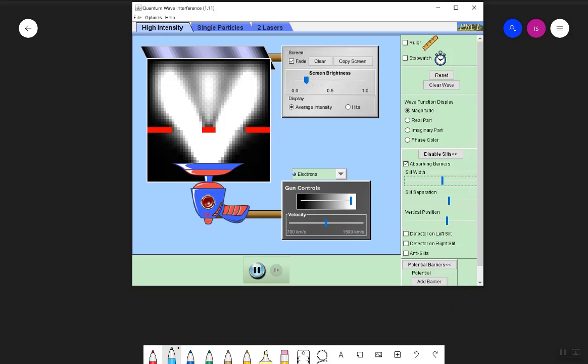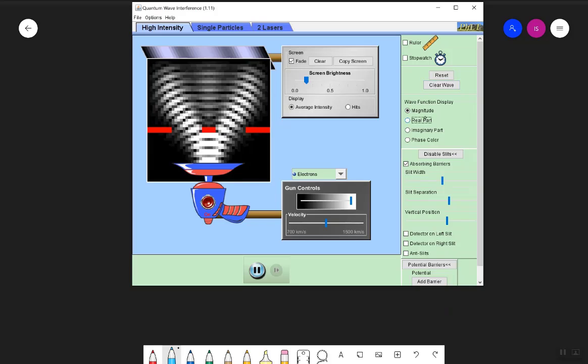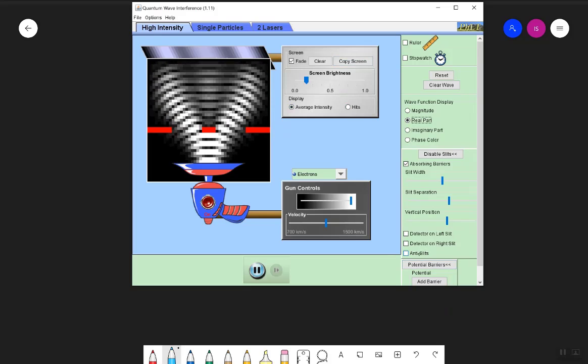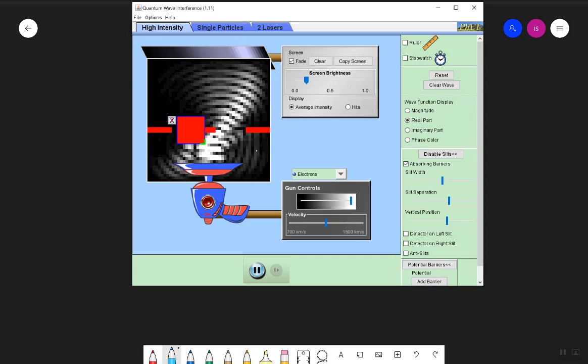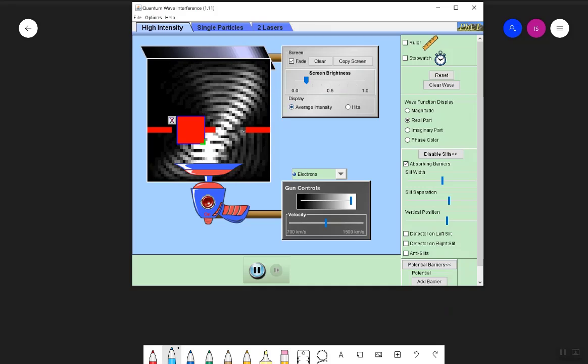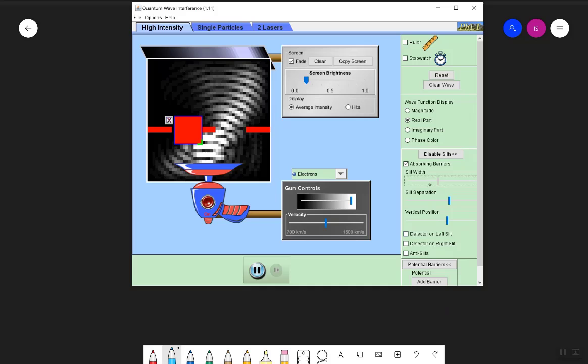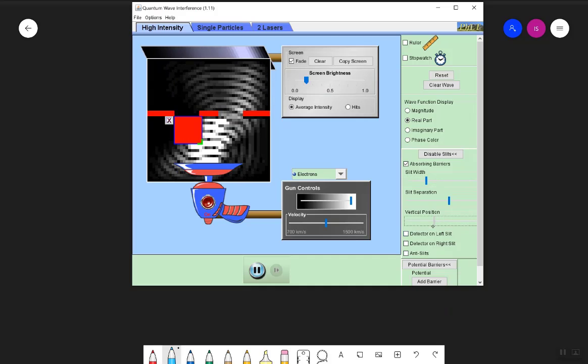So we can see sort of why this happens if we describe these electrons as waves. If we show it like this, you can see that these waves are actually interfering with each other. In fact, if we only have the one slit, we have the barrier, and if I bring it up a little bit, I have to adjust it a little bit.